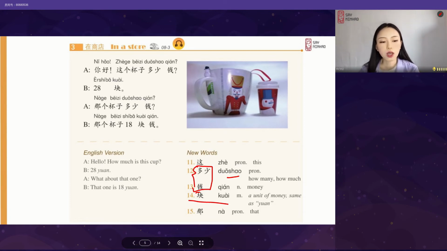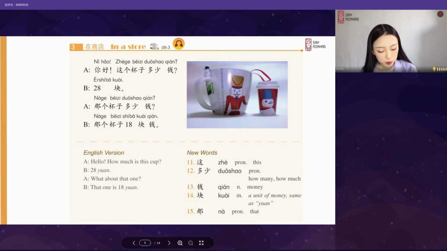And 块 also means some block or something, but today we're just going to learn the meaning of measure word, a unit of money. So when I say 一块钱, it means the same as 一块, okay?